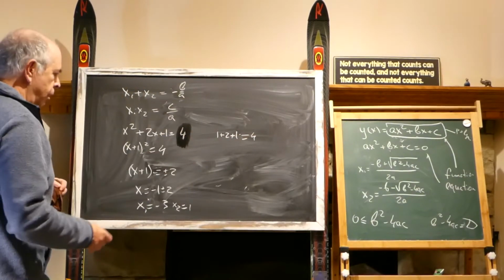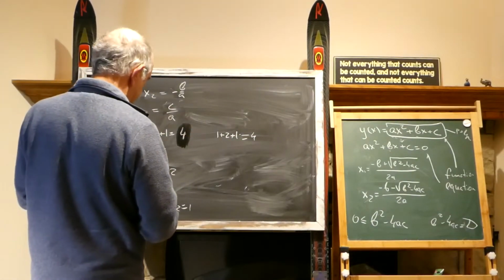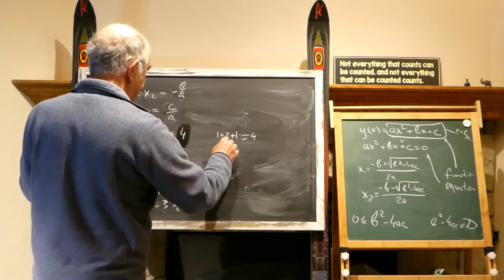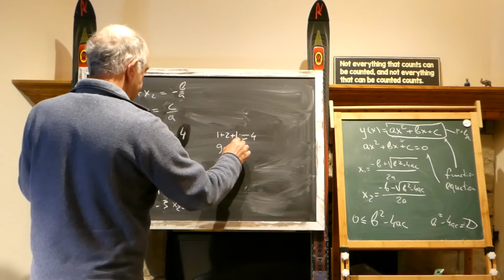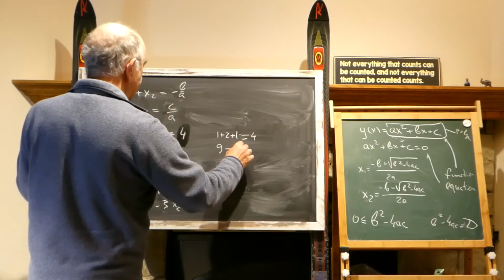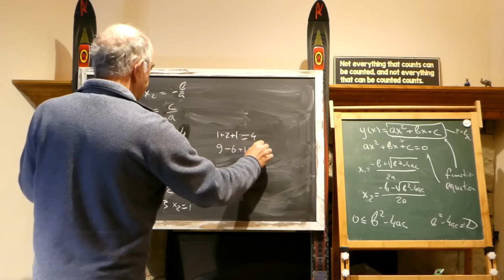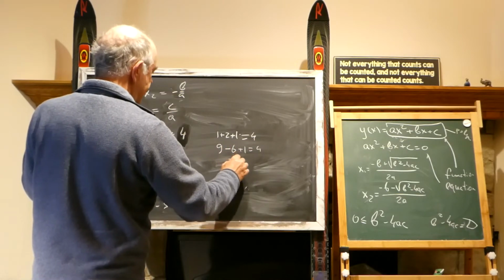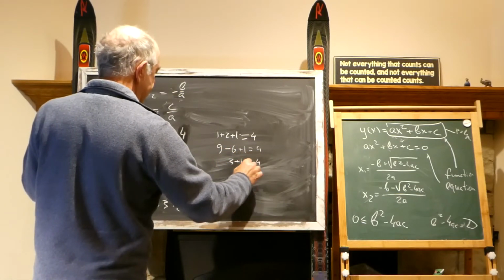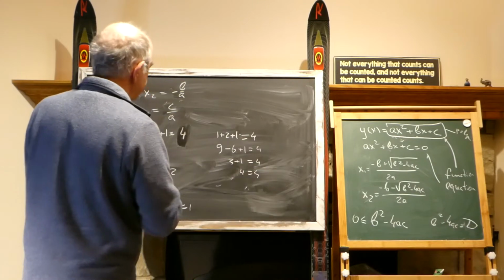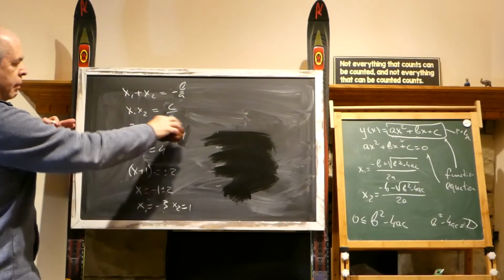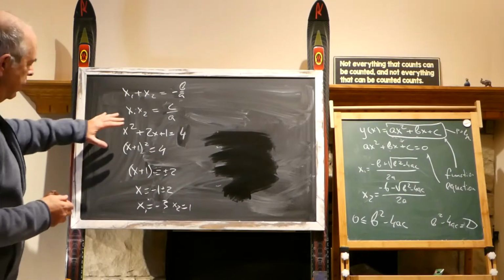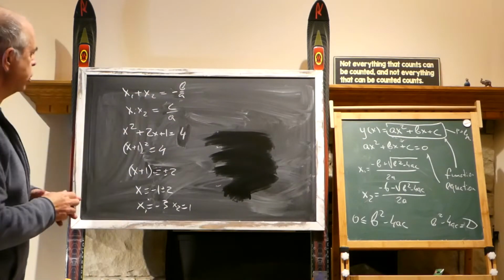This is 4, right? And then taking minus 3. Minus 3, it would be 9. Minus 6, right? Plus 1. And so 9 minus 6 is 3. 3 plus 1. And this will be 4 equal 4. So yes. So what I did, I just invented the quadratic equation and I found the solution.